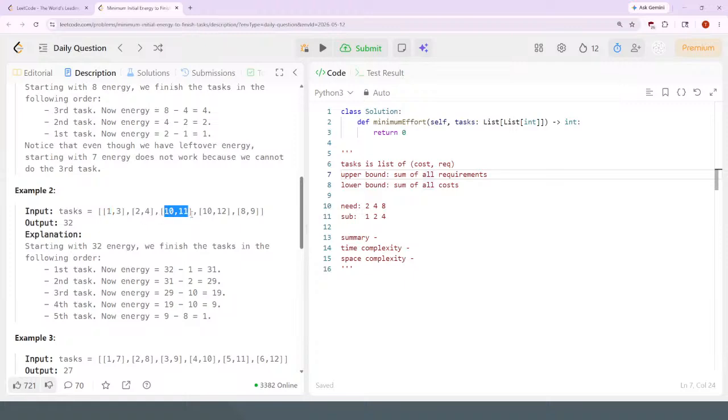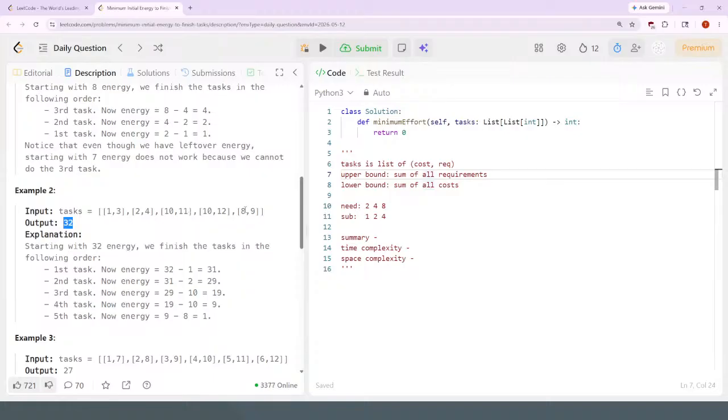And I guess maybe you could do 10, 11 last as well. 10, 11 or 8, 9 last, you can. But you can't leave 1, 3, 2, 4, or 12, 10 last. Because if you did those last, then in theory, you'd have 2 energy left, and if you had 2 energy left, that means you would have started with 33. You would need 33 energy.